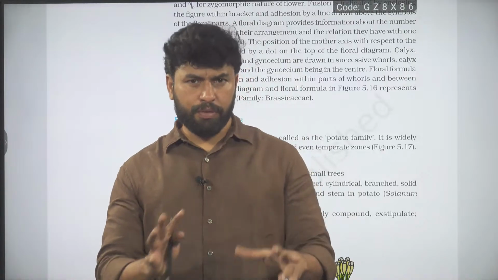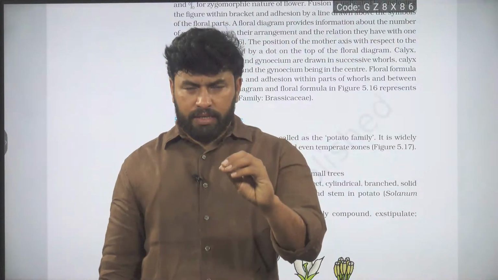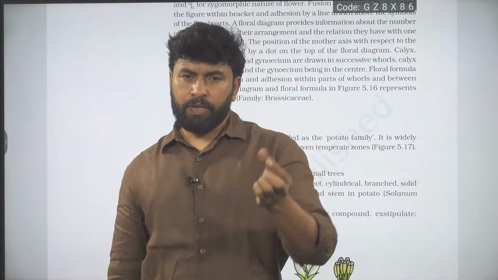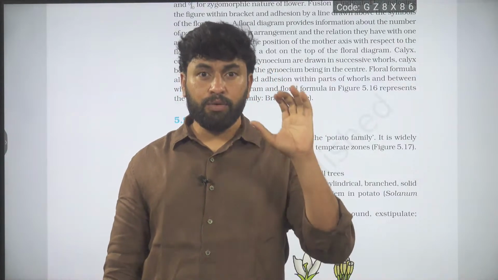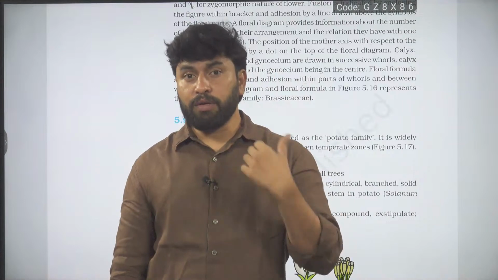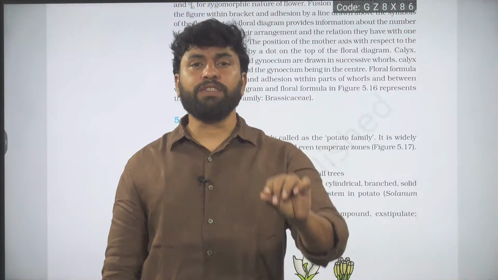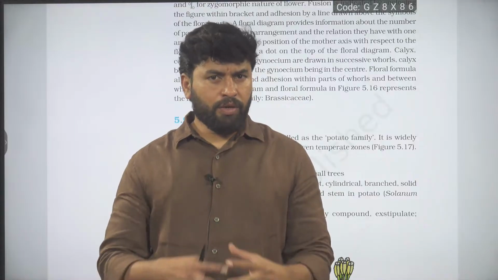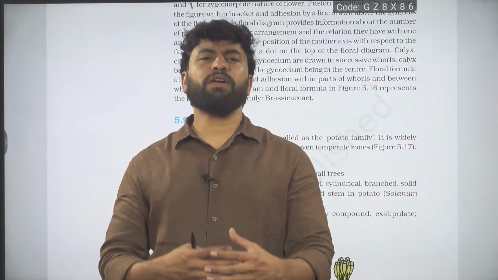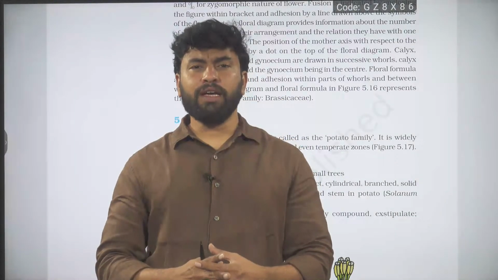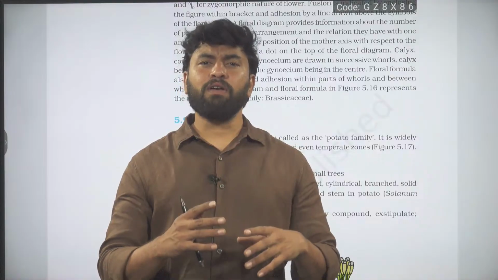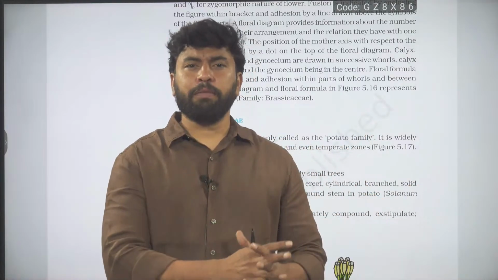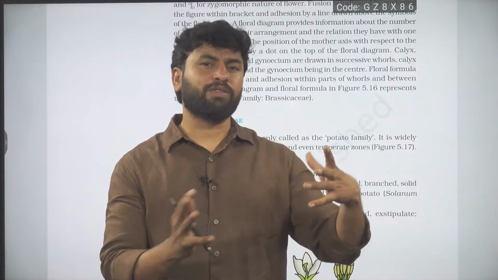That's why whenever I say this is a unique parameter regarding this family, you try to underline it, notify it, and remember such unique features belonging to that family. Are you catching the idea? They don't ask, for example, if I wanted to frame a question, I don't take a character that is common for all the families. If I wanted to ask about the Solanaceae family, what are the features unique for the Solanaceae family?